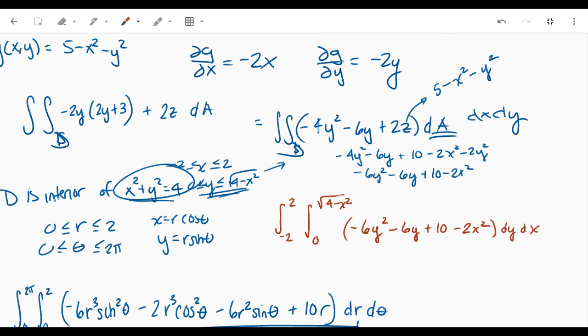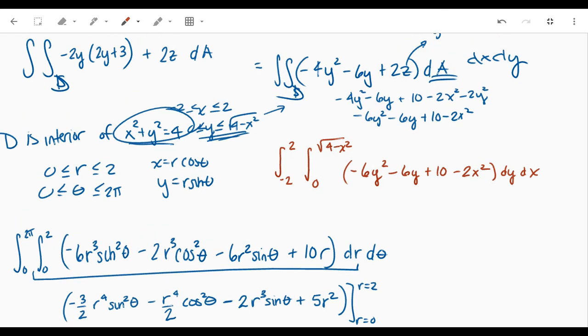Okay, and then you'd have to do it again, switching that upper bound to be negative, so you get the bottom half of it also.